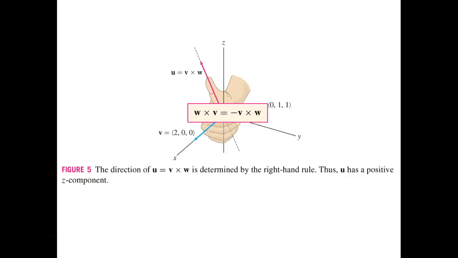so we need to find this vector using the geometric properties rather than the cross product. Okay, first, along what line is this vector V cross W?